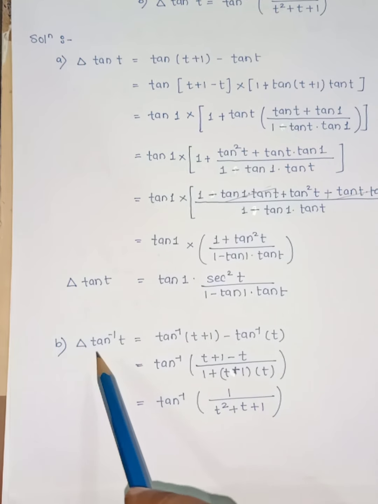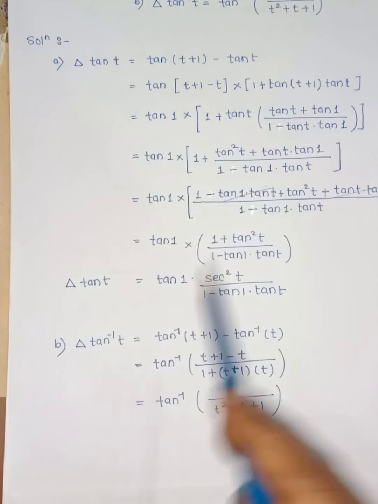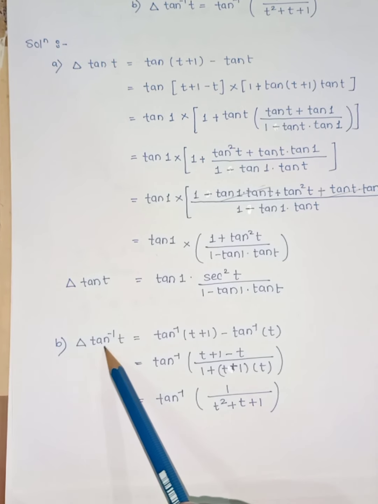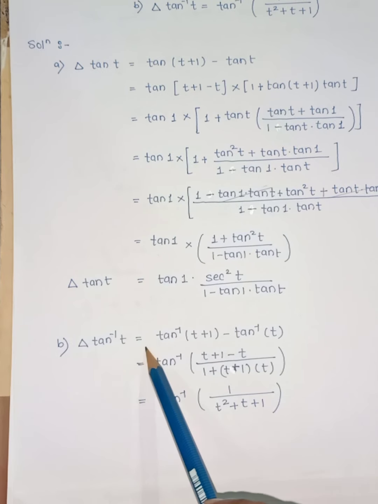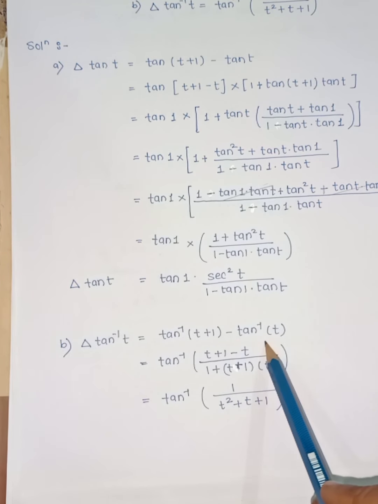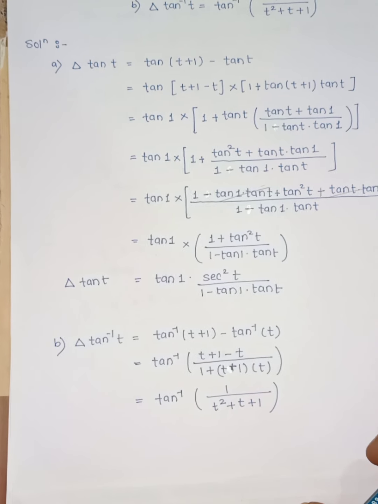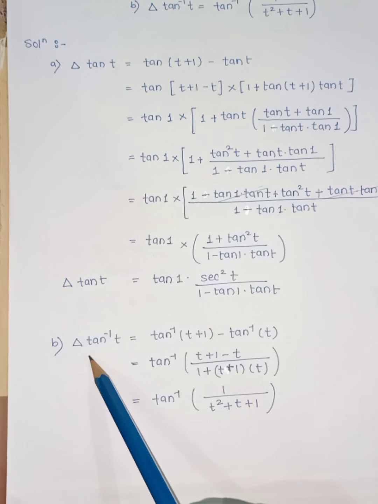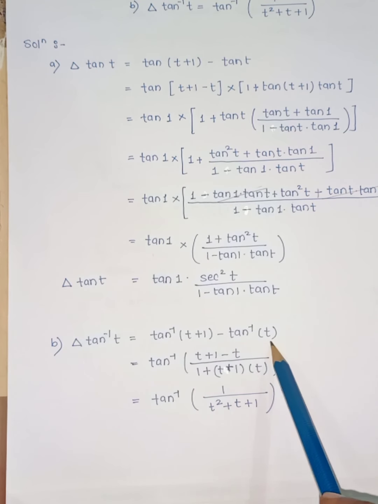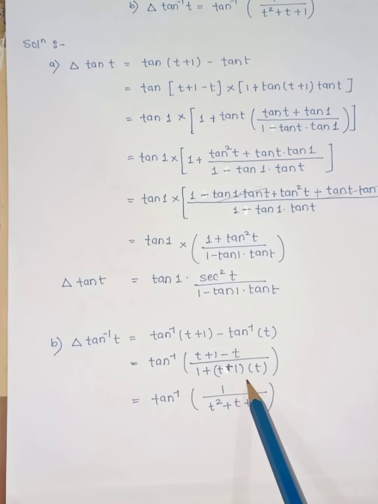Then the next one is delta of tan inverse of t. That is equal to tan inverse of (t+1) minus tan inverse of t. We have simply applied the difference operator here. Okay, so for tan inverse of alpha minus tan inverse of beta, we have applied the formula.